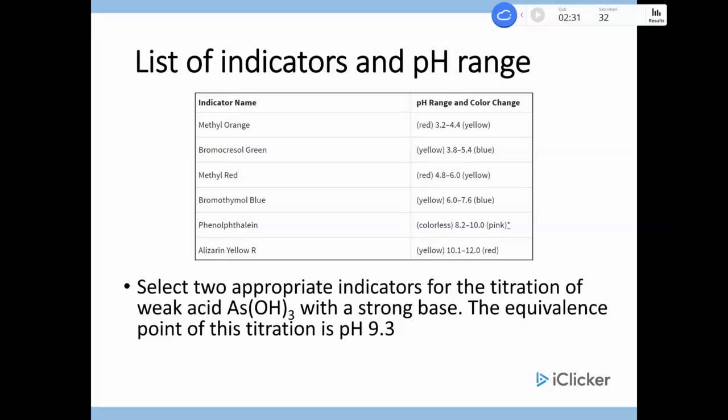The other good option would be just past the titration pH because we're adding base, so the pH will continue to rise. So that would be this last one here, the yellow. Everything else is below the titration equivalence point, but it will be phenolphthalein and alizarin yellow R.